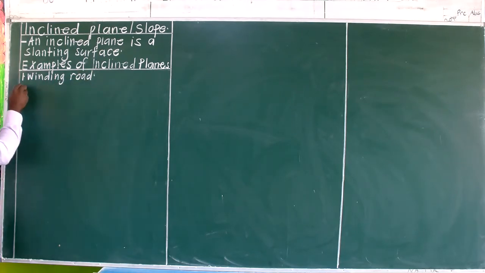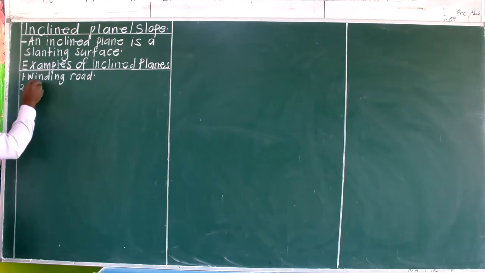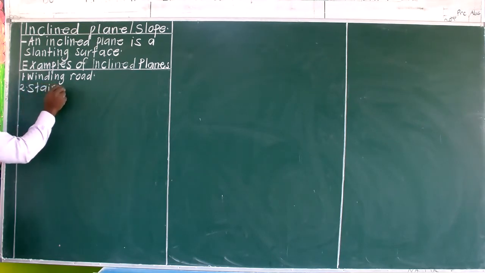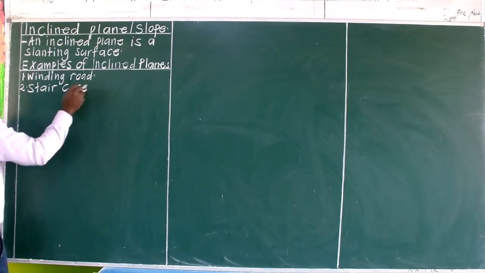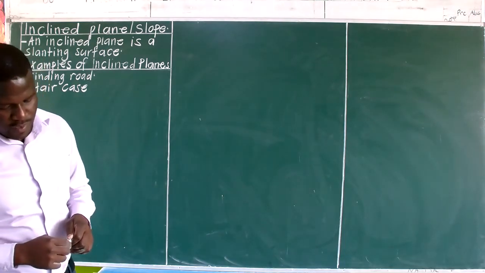So a winding road is an example of an inclined plane. Then we have the staircase, the one we call steps that help people to move upstairs.